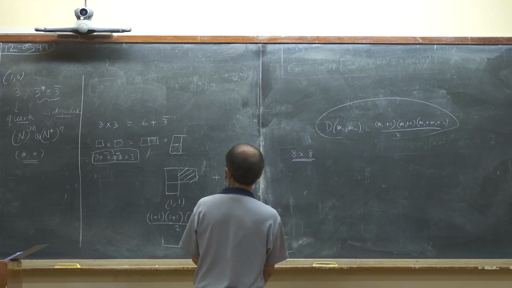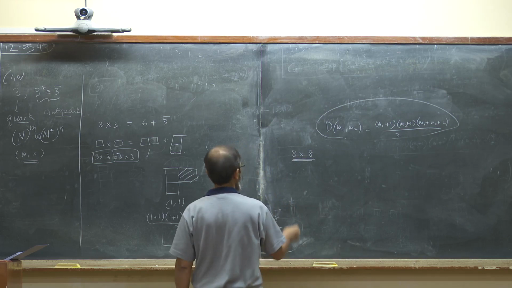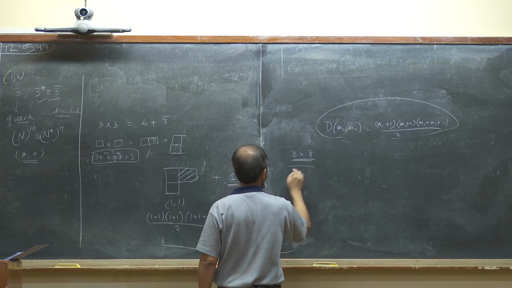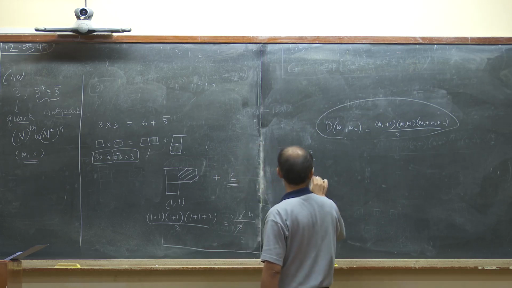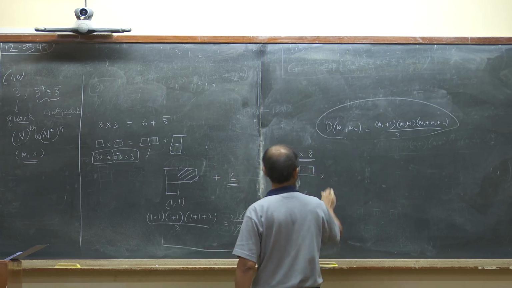Okay, now by now you guys should tell me what to do basically. So this is how 8 looks, and I have to do 8 cross 8.